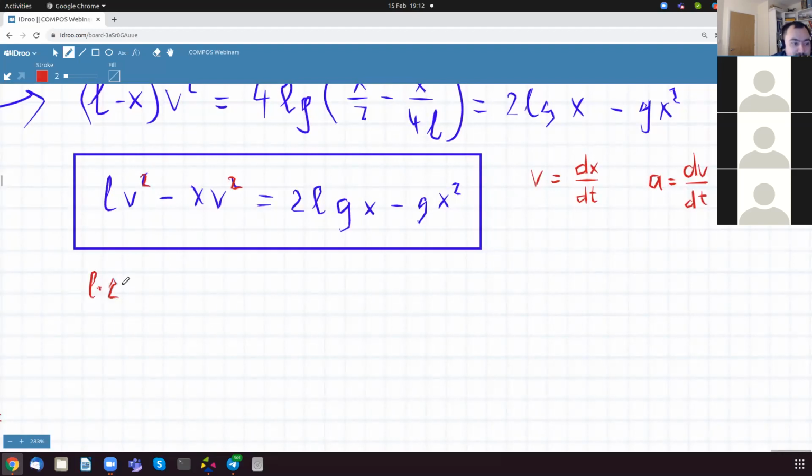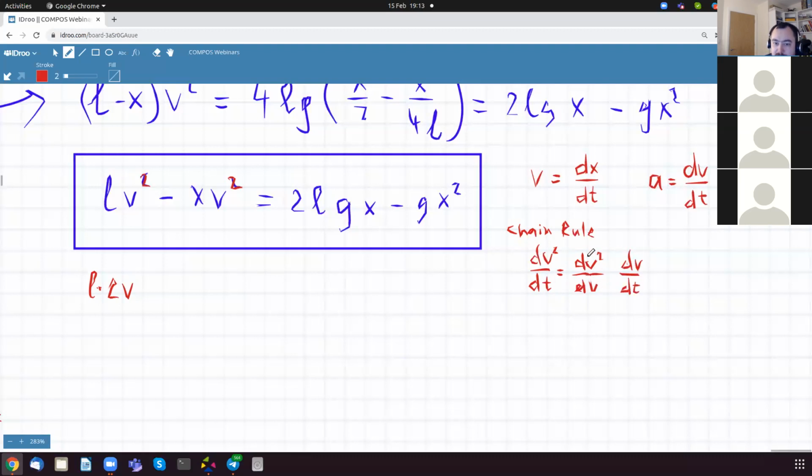So it's going to be 2v, but then we have to use the chain rule. dv squared dt is going to be dv squared dv times dv dt.